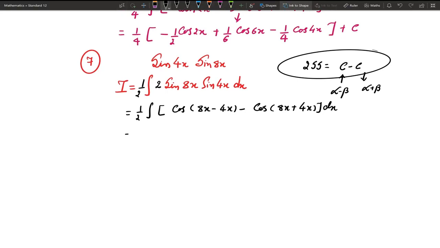So this is nothing but 1 half integration of cos 4x minus cos 12x dx.